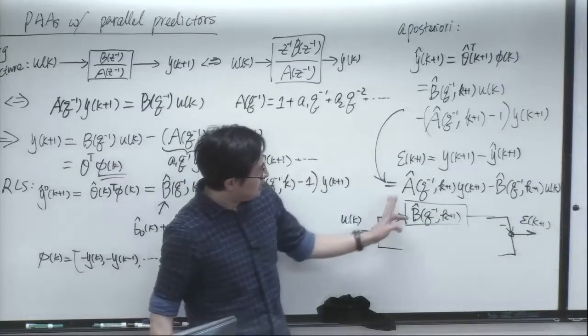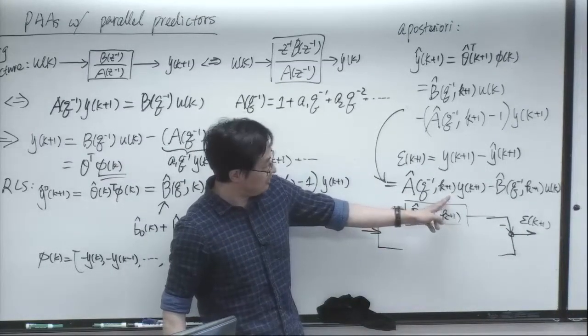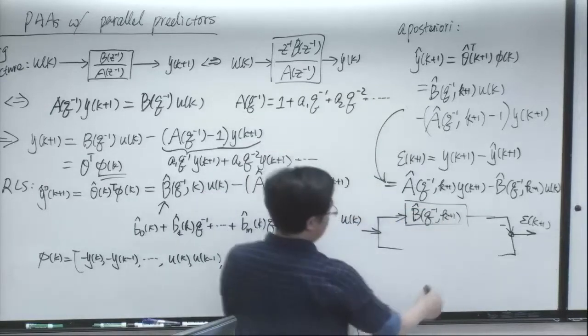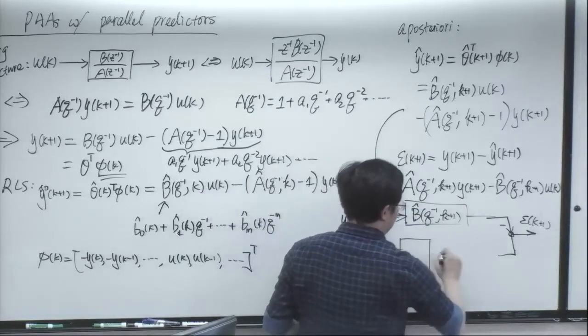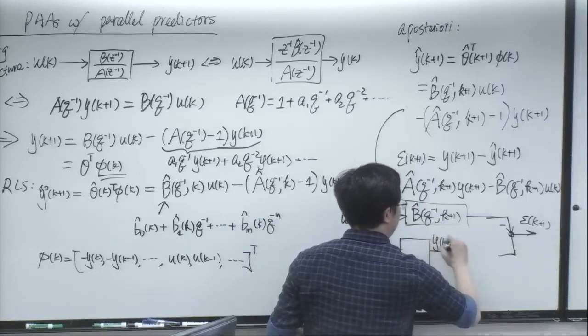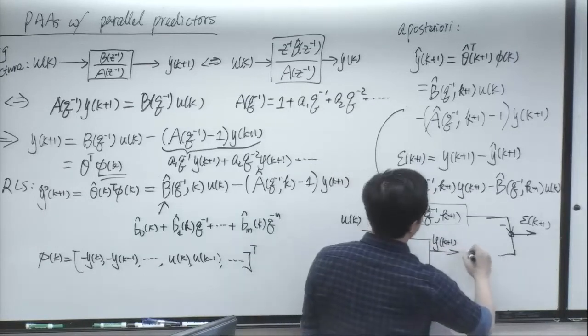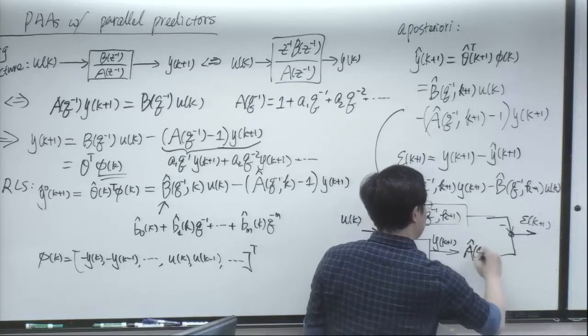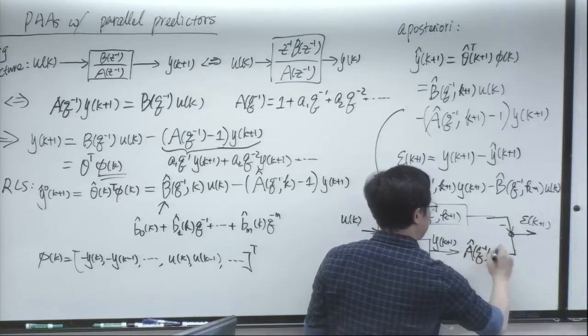And then we need to generate this term now. This term is something about y_{k+1} going through a hat.